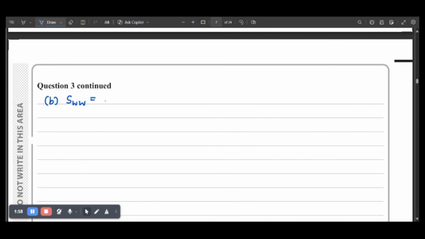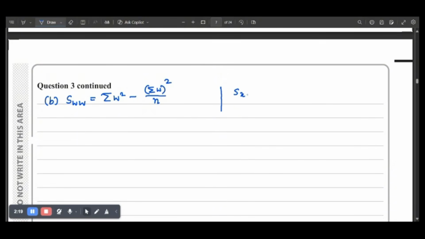How will we find this? To find SWW, the way to do this is to use the sum of W square and subtract the mean of the square of the sum.